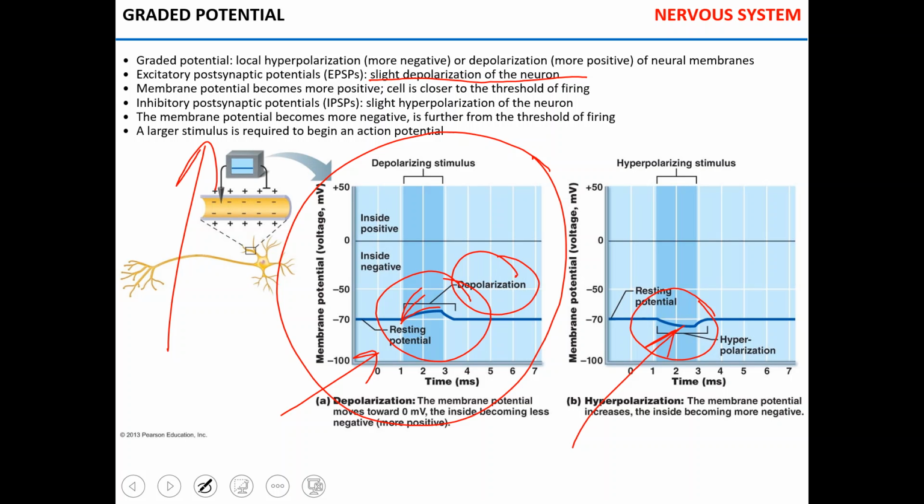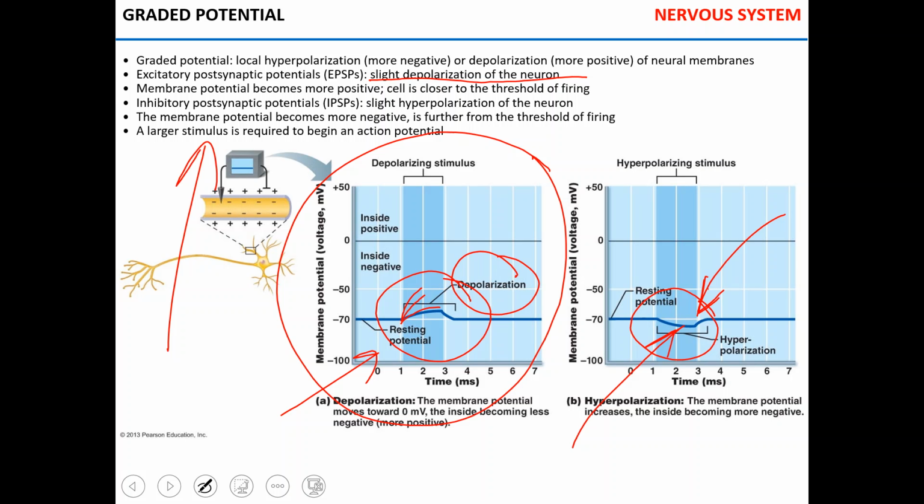And this process, when the cell becomes more negative, is called hyperpolarization. So again, the cell becomes depolarized when positively charged ions flow into the cell, hyperpolarized when negatively charged ions flow into the cell, or positively charged ions leave it, okay, get out of the cell.